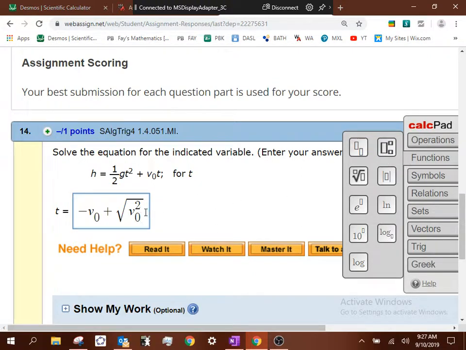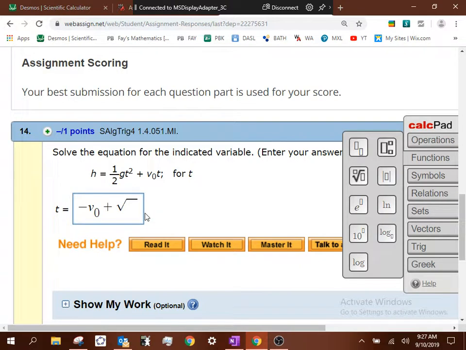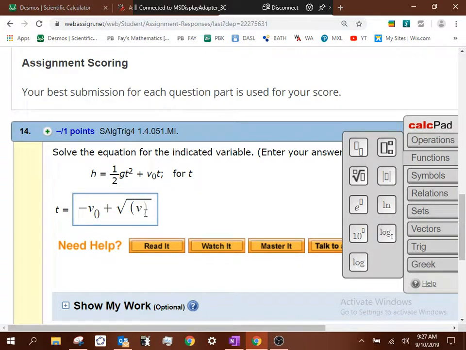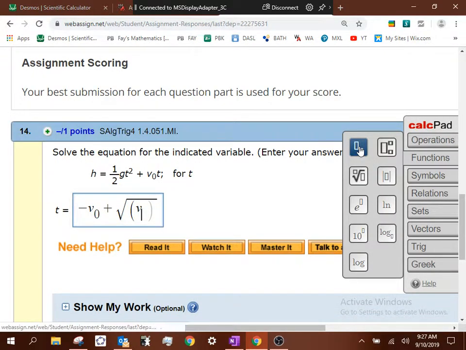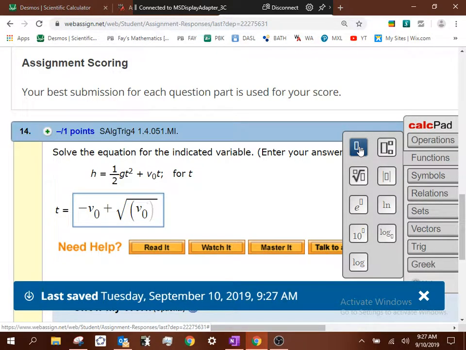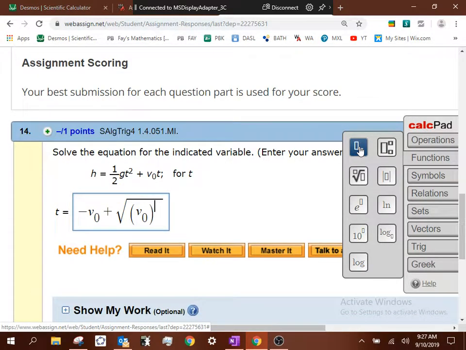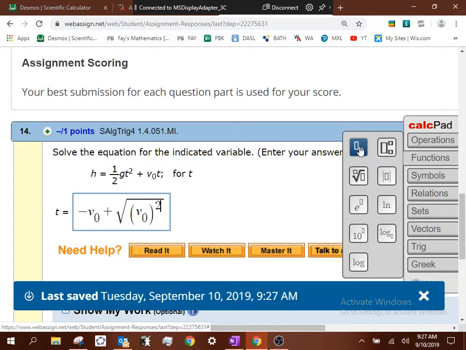I think you could probably do this. You could probably go V, if you just want to do subscript 0, and then square that. That's the same thing. Does that make sense? And it should accept that.